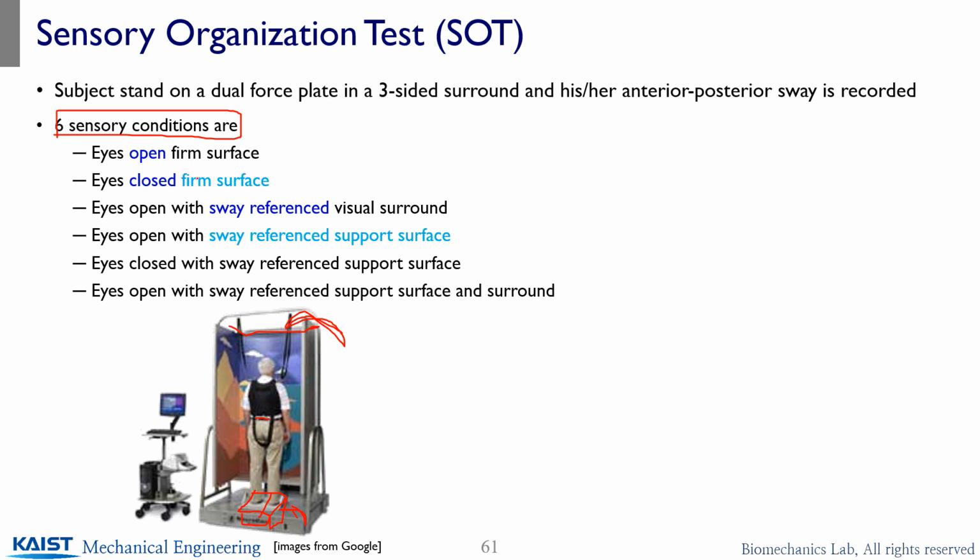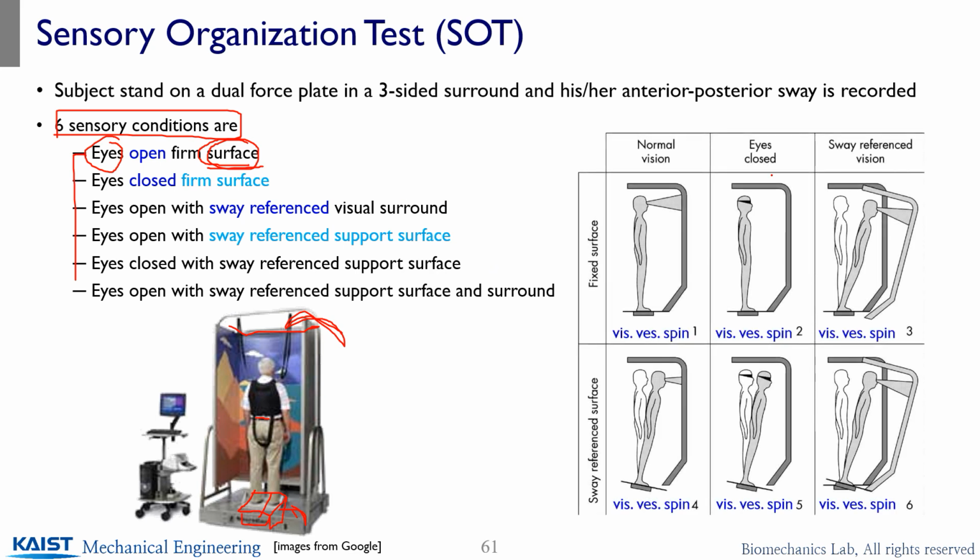So we know that vision, vestibular, and somatosensation, or the muscle proprioception, muscle spindles, are used to give body measurement information to the brain, right? Among those three big categories, this system is manipulating the vision, the eye, and the ankle proprioception by manipulating the surface. So the conditions, let me show this way.